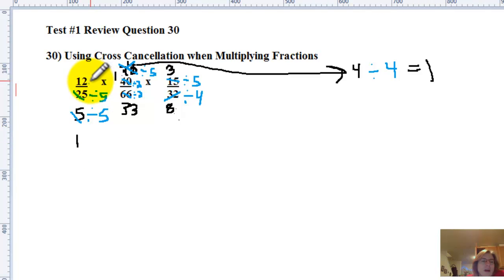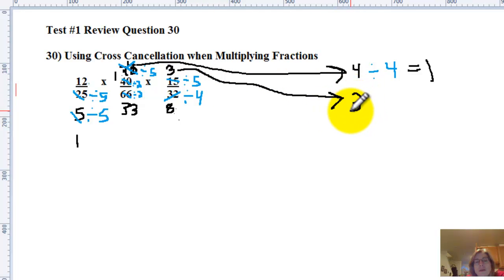So now we have on the top 12, 1, and 3. We have on the bottom 1, 33, and 8. Well, I can divide 3 into 33, so that can cancel. I'm going to take the 3 and divide by 3, and that'll give me the 1. So you have a numerator of 1, numerator of 1.